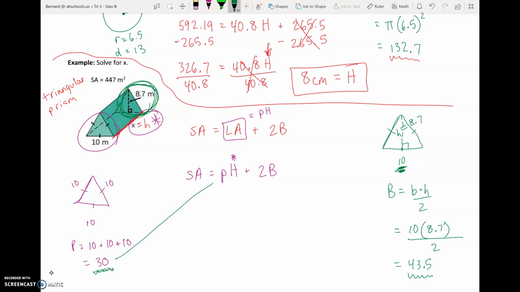And so now we can plug P in for P, B in for B. And then remember, they tell us surface area up here, 447. So we'll plug that in for the SA part.